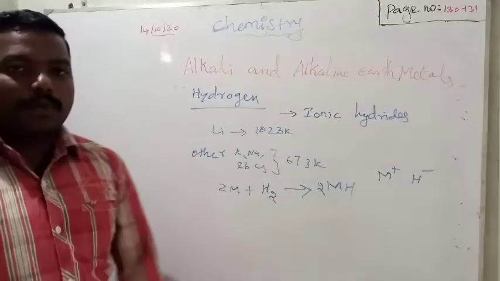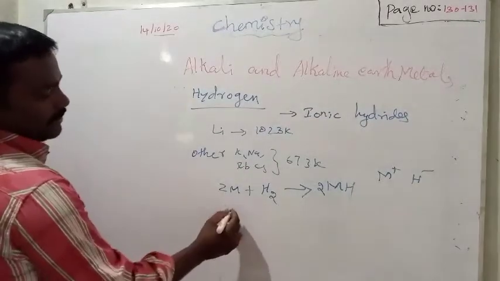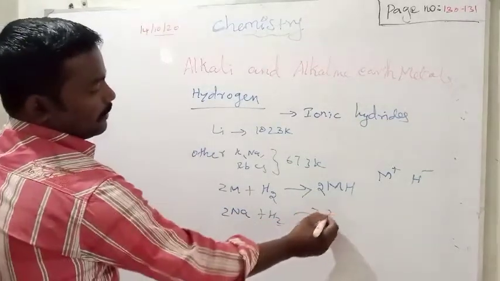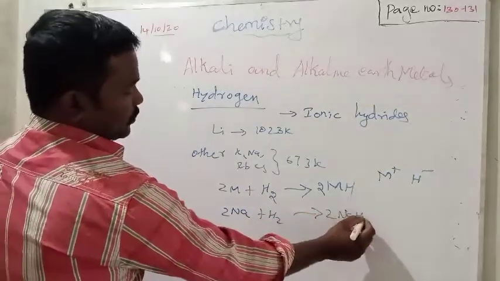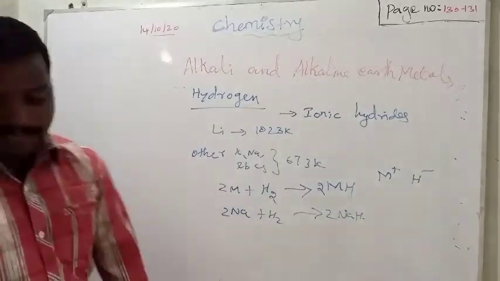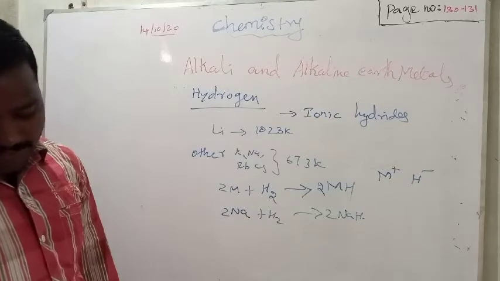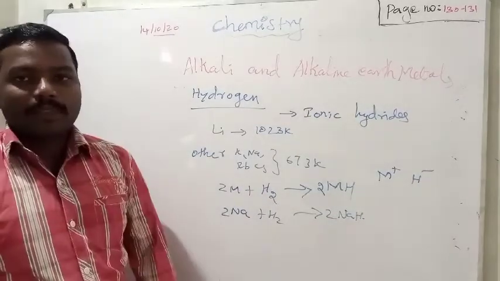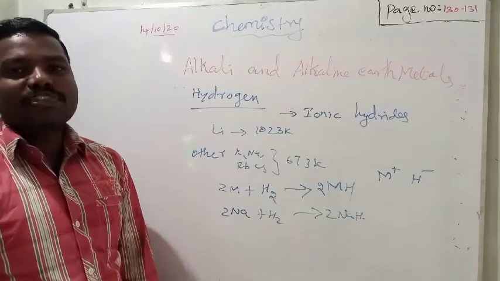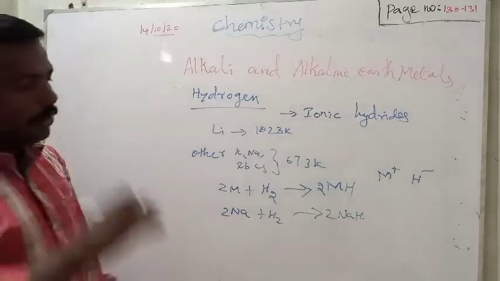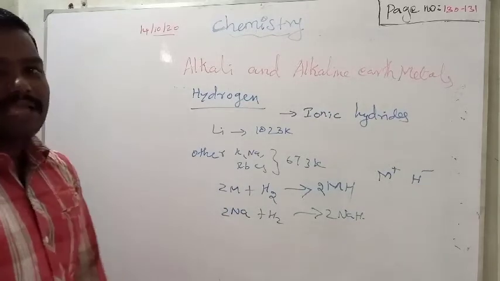Shall we substitute any one compound? Yes, substitute sodium. How will you get it? 2Na + H2 gives 2NaH. Like this we can get the ionic hydrides. One more additional point: they are less stable as you go down, because reactivity is high.